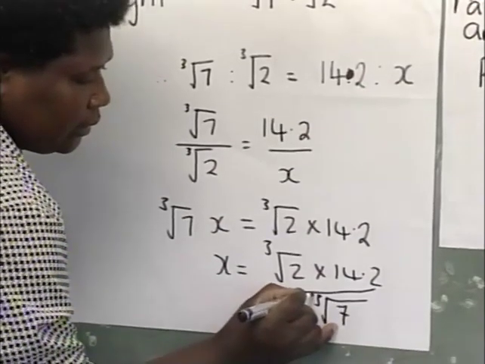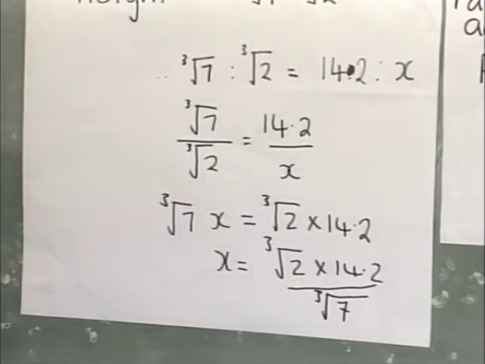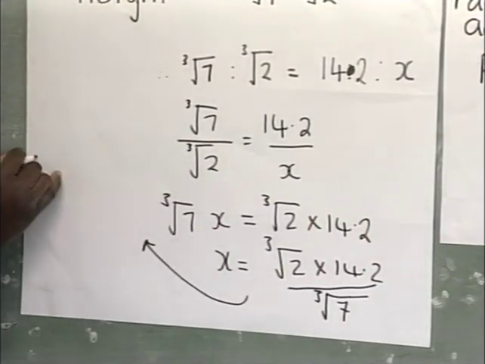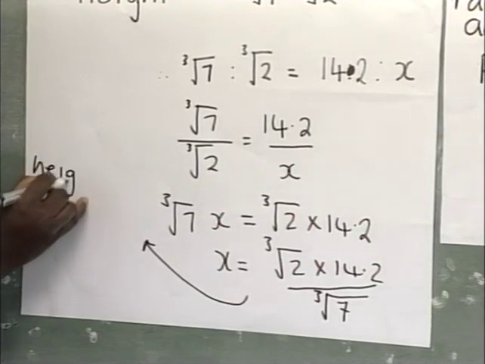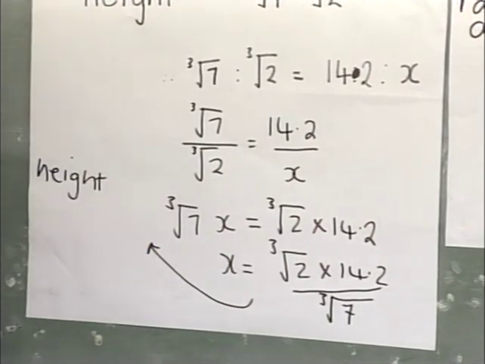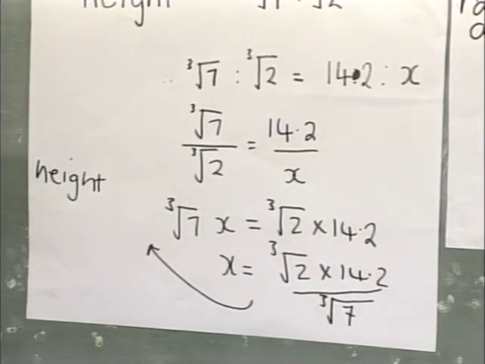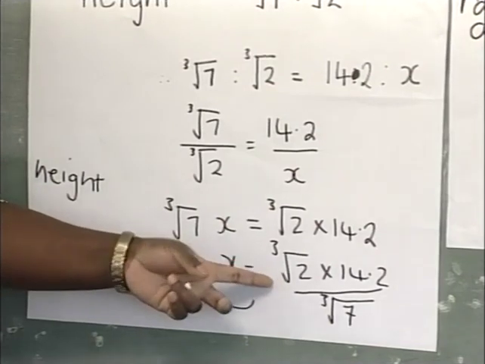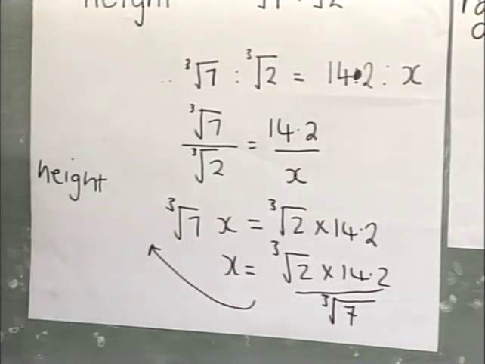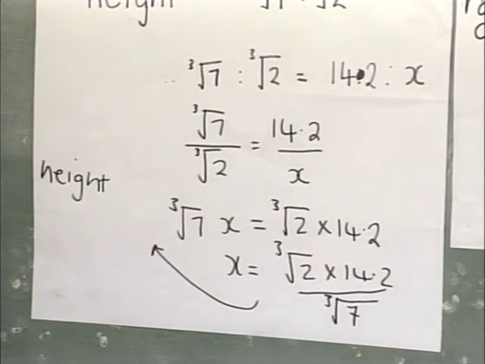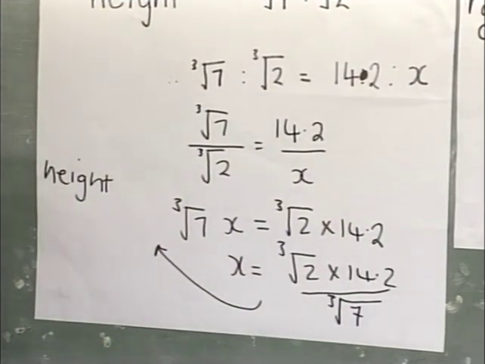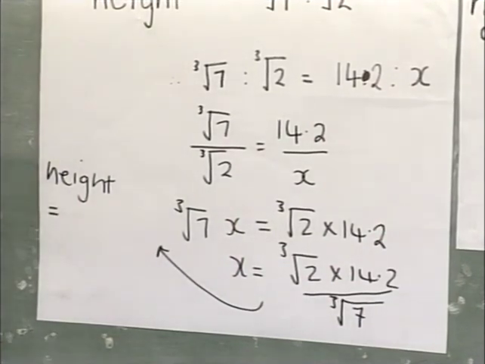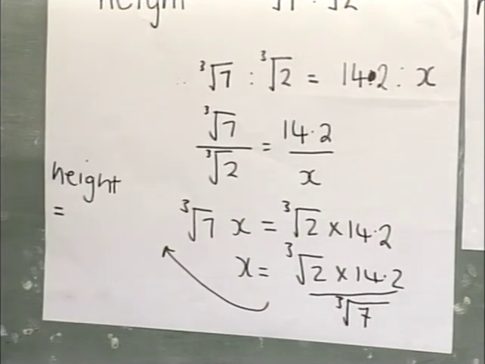Okay, see if you can help me calculate the answer to this. Note, you'll have to find the cube root of 2, multiply it by 14.2, and then divide the answer by the cube root of 7, however you do that on your calculator. 9.35.